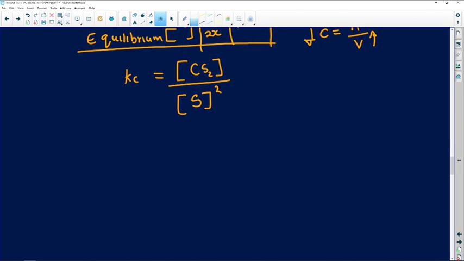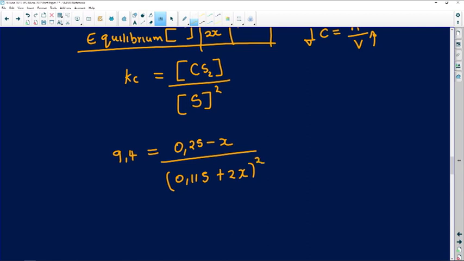We have our Kc as 9.4 equal to 0.25 minus x over 0.115 plus 2x, squared. That's how I would express my Kc in terms of x.